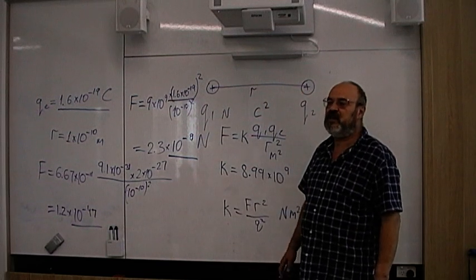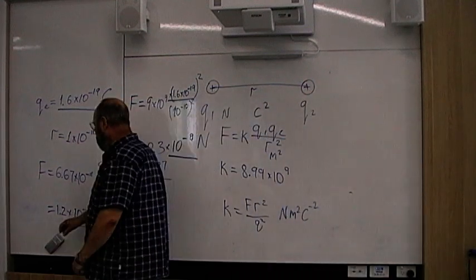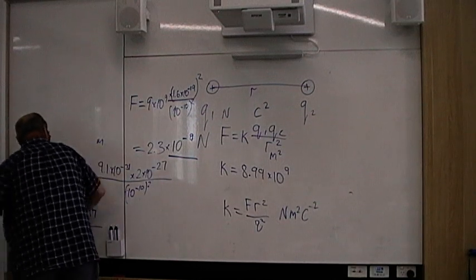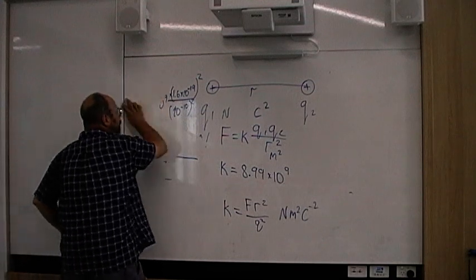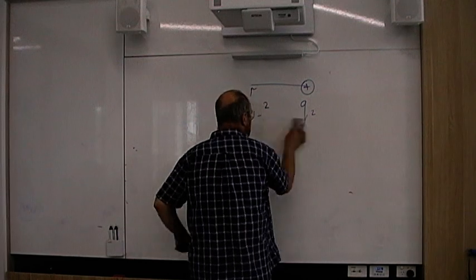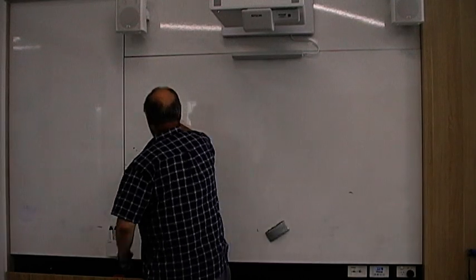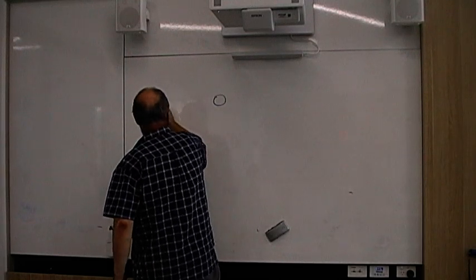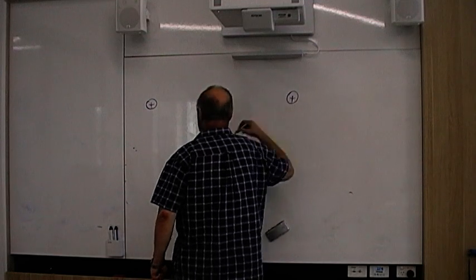Example of the application of the Coulomb law. Let's say we have 3 charges positioned in the next way: positive, negative, and another positive charge.